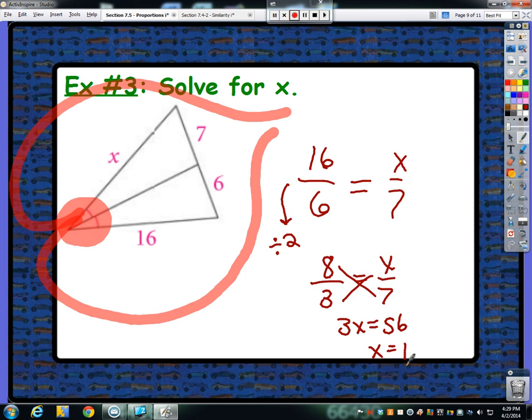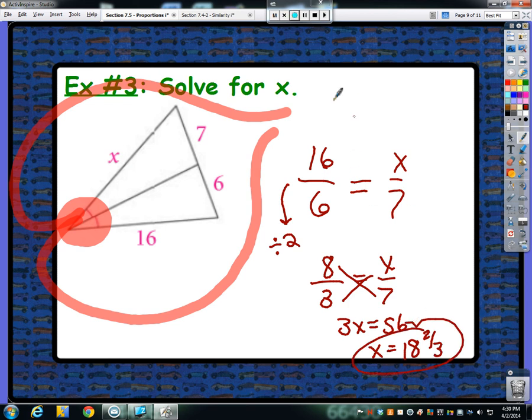And I get, let's see, 1, 2, no. What did I do? Apparently 112 divided by 6 wasn't 16, my bad. This ends up being 18 and 2/3. So backtrack that.